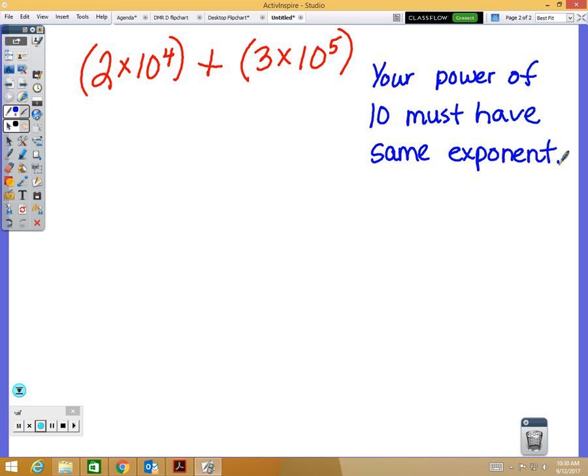So you can see this has a 4 and that has a 5, meaning they don't have the same exponent. So before we add anything, we need to change this so that they do have the same exponent, okay?